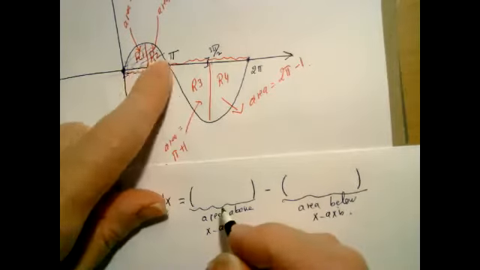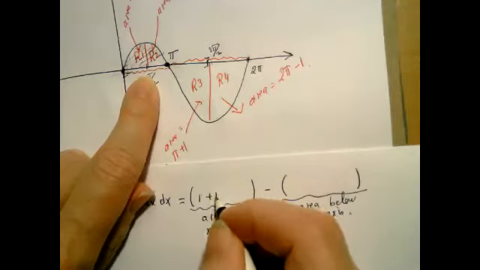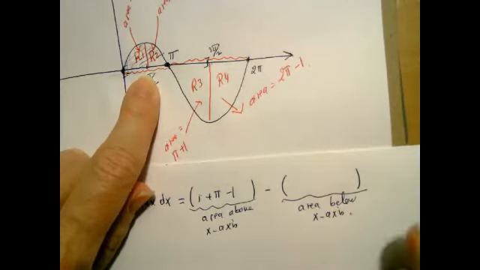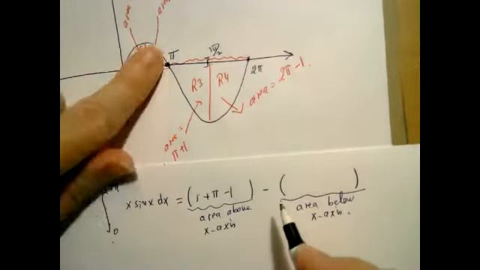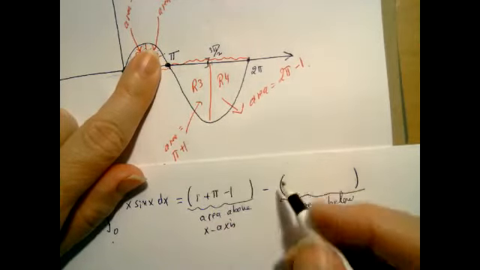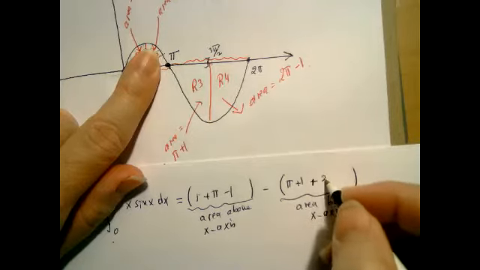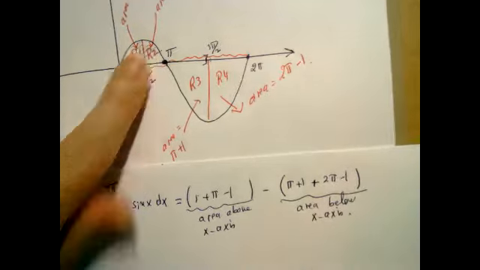Above the x-axis, we've done it twice so far, it's 1 plus pi minus 1. Minus the area below the x-axis. It means the area of R3 plus the area of R4. It means pi plus 1 plus 2 pi minus 1.